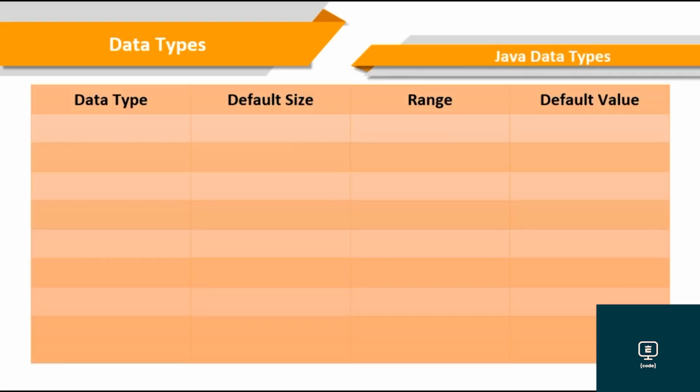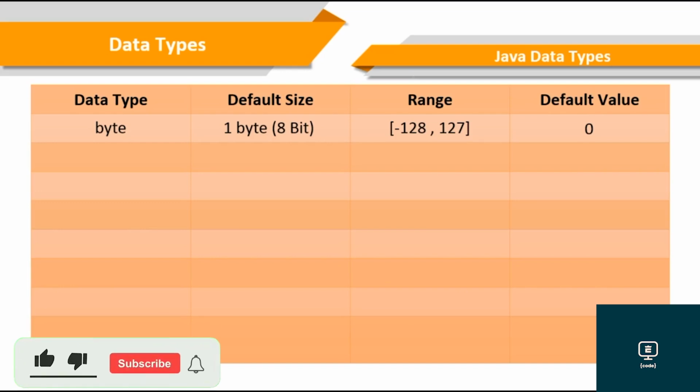Now, looking at this slide, you see Java data types in the table. Byte. The byte data type is an 8-bit signed 2's complement integer. The byte data type is useful for saving memory in large arrays. It has a minimum value of -128 and a maximum value of 127 inclusively. The default value of byte is 0. Short.